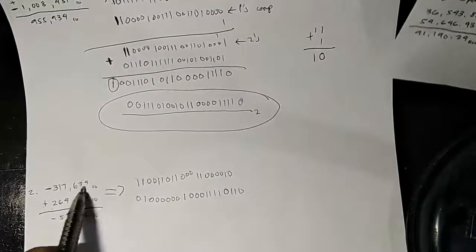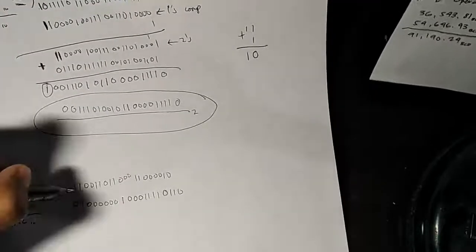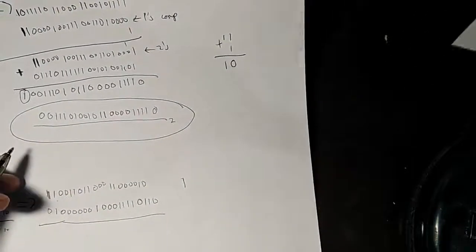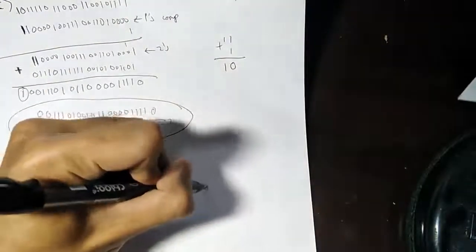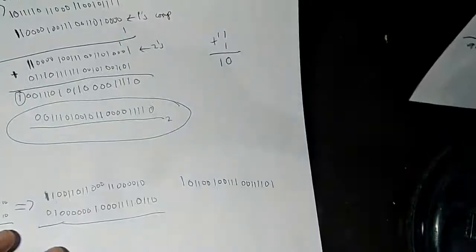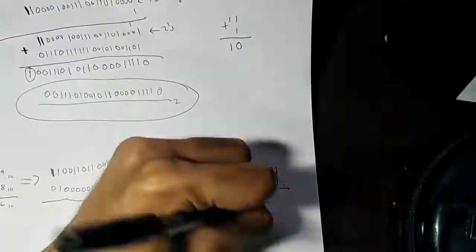Here the negative number is this one, so we'll have to take its 2's complement. By taking its 2's complement, just let the sign be 1 and take the reverse of the rest, so we'll have 1 0 1 1. Then add 1 there, and there you go.